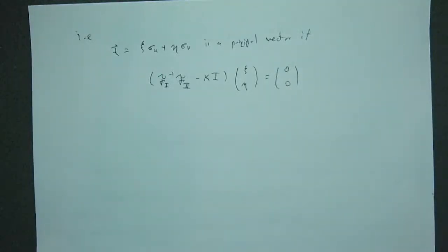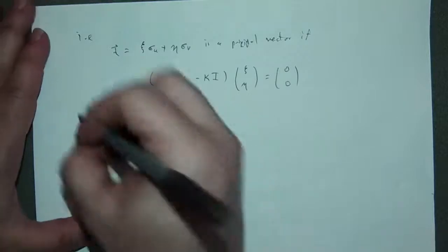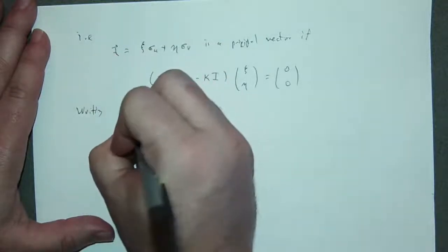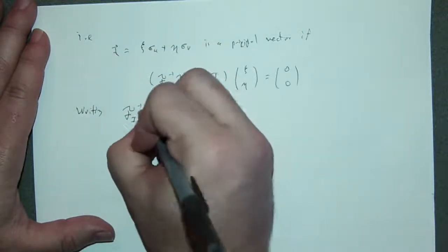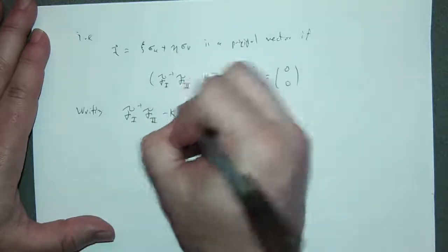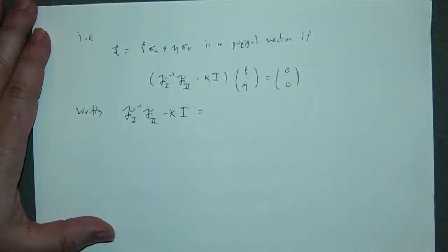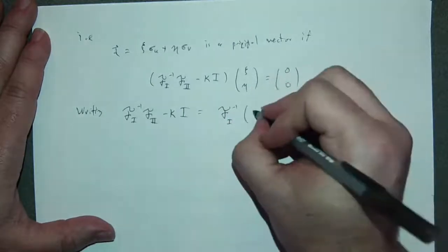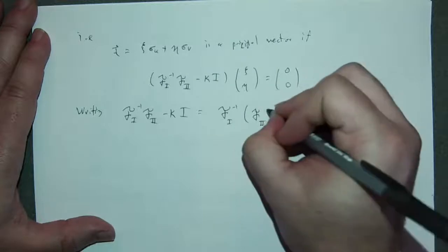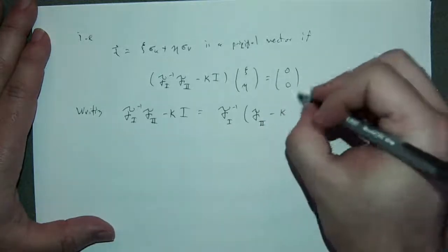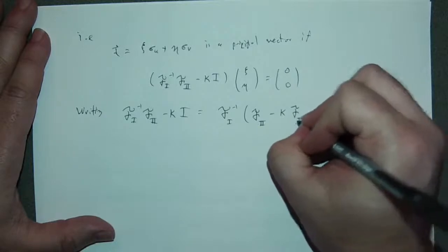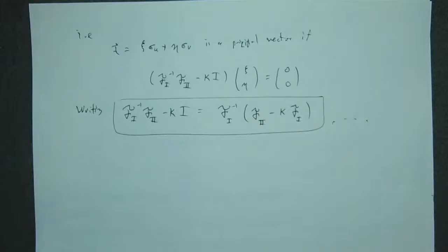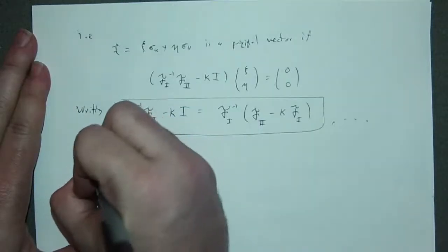All right, so let's write this in a slightly better form. Writing script F1 inverse times script F2 minus kappa times the identity, I can rewrite this as script F1 inverse times quantity script F2 minus kappa script F1. What do I get here? Well, I get the following proposition.